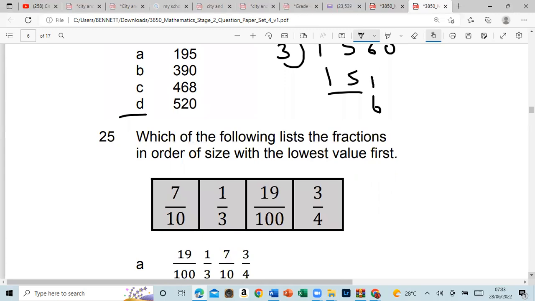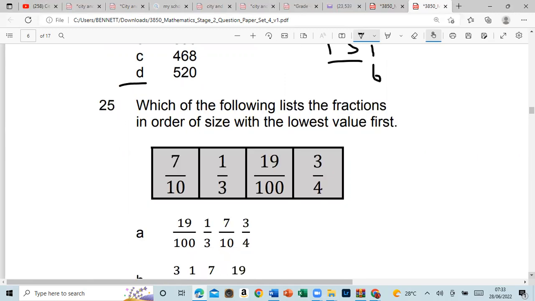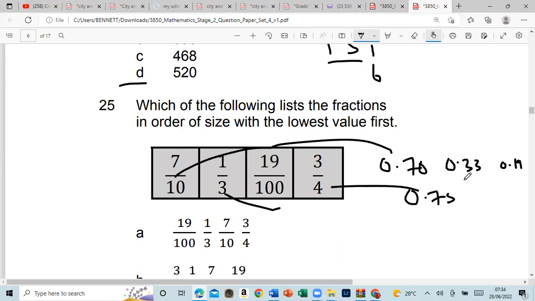Which of the following lists of fractions is in order of size, starting with the lowest value? All right, so this one, I'll convert them to decimals. 1 over 3 is 0.3, 19 over 100 is 0.19, and 3/4 is 0.75.